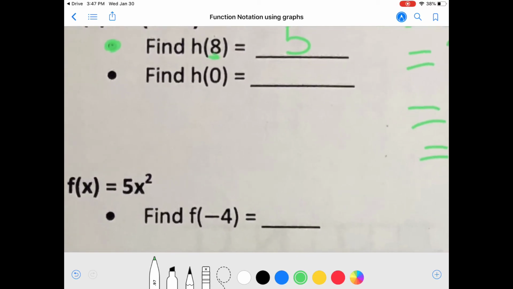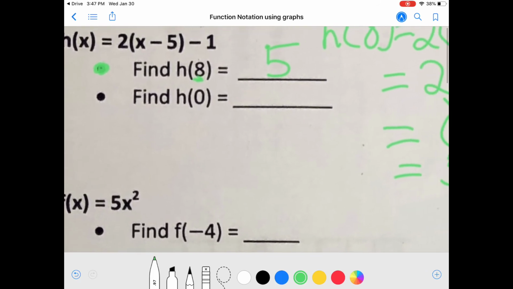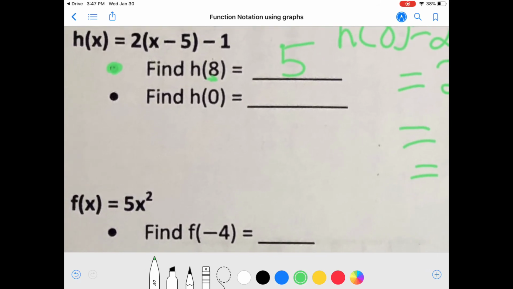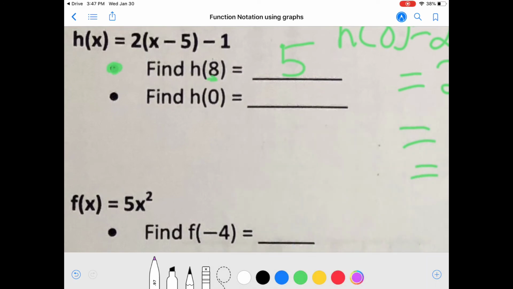So that would be your first answer. Now, the second one has h of 0, so we're going to choose a different color, and we're going to have our second bullet point, and instead of x, we're substituting 0 in. So we've got h of 0 equals 2, instead of x, we've got 0 minus 5, parentheses, minus 1.